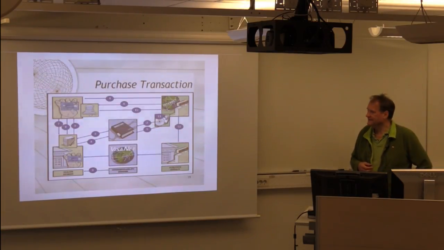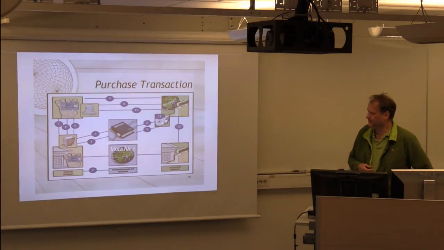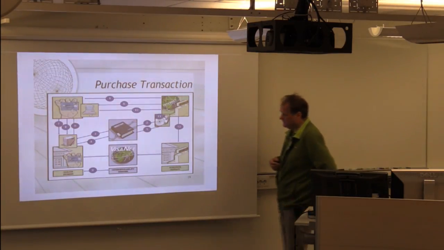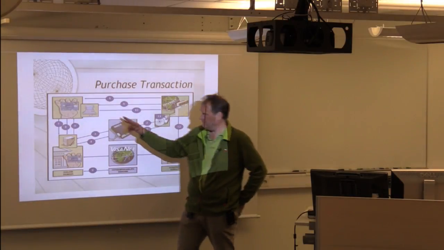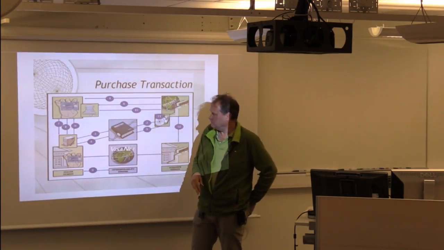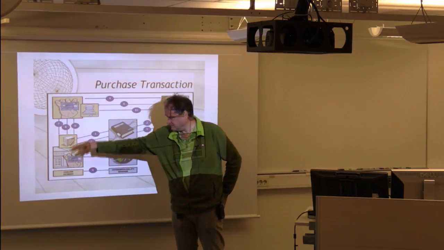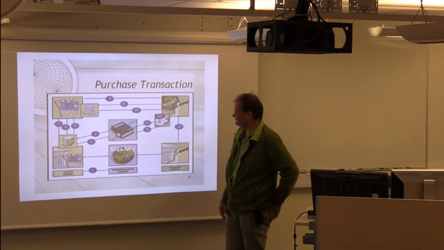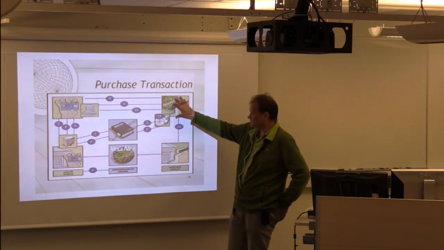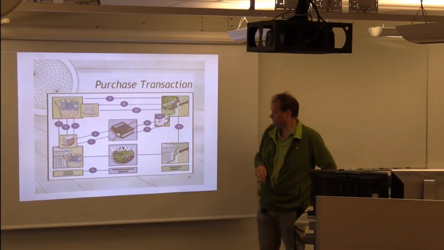So the purchase transaction looks like this then. Quite a few steps, as you can see. We have different parts again. We have you up here with your credit card and your computer. Down here we have the credit card company. Up here we have a merchant with what's called a merchant plugin.